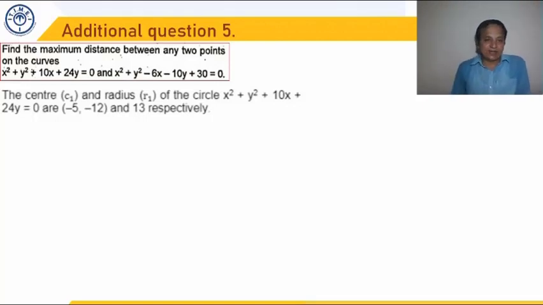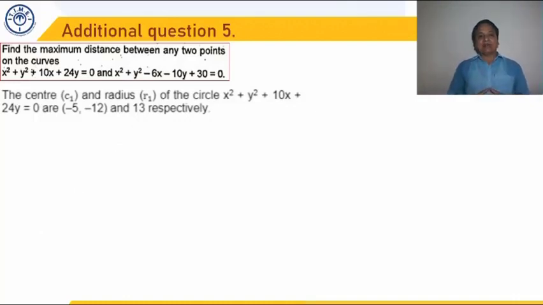That is half of x coefficient with changed sign, half of y coefficient with sign change. And radius is the square root of g square plus f square minus c. So 5 square is 25, 12 square is 144, 144 plus 25 is 169 inside square root. So radius is 13.